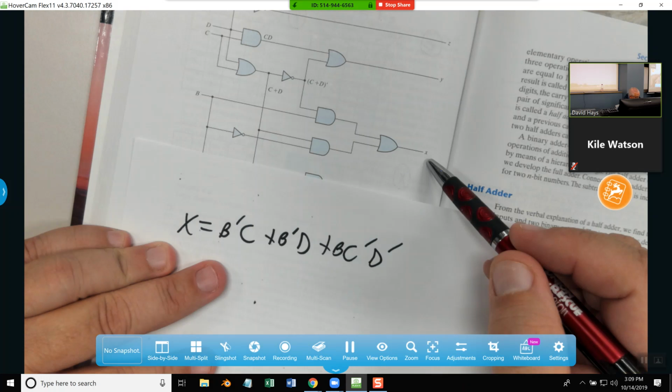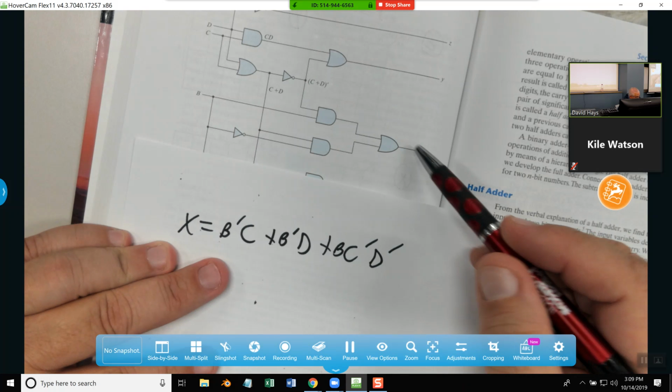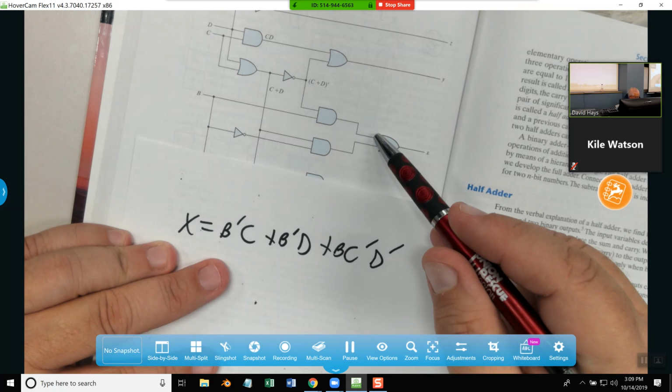Start with the easier one, the second one. And that's an AND and it's coming from B, so that's an inverter, B prime.